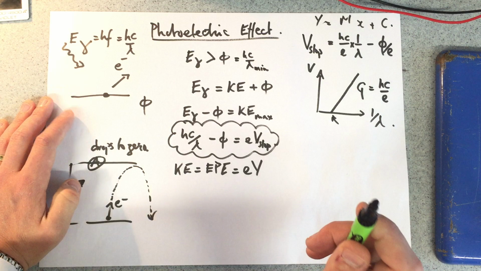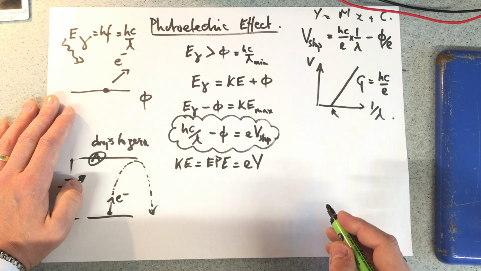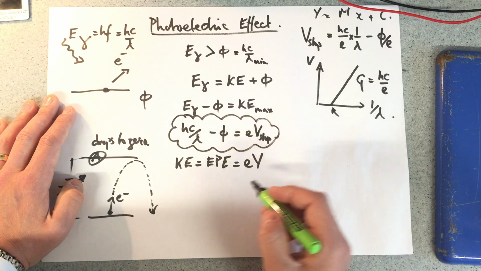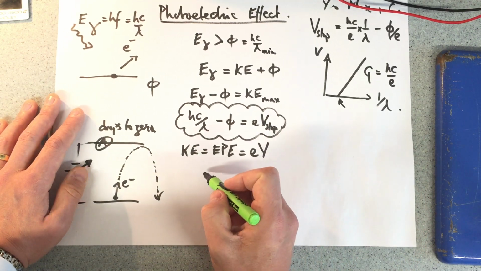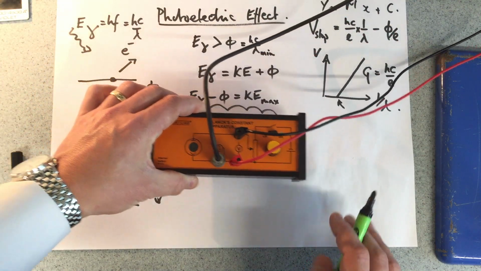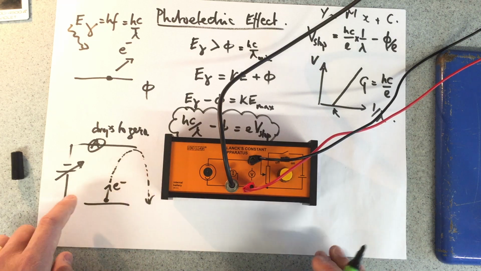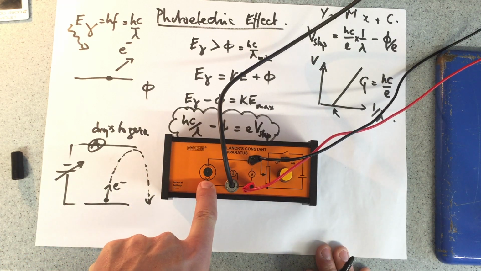The equipment, you'll be pleased to hear, is a lot easier. But essentially what I'm trying to get is a table of results that looks a bit like this. First of all, let me show you the bit of equipment here. There is my bit of equipment. This bit here is happening in here.